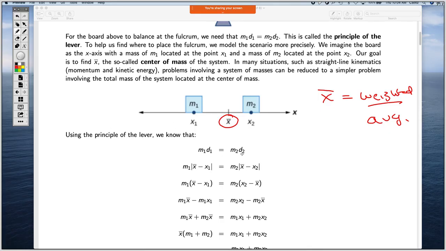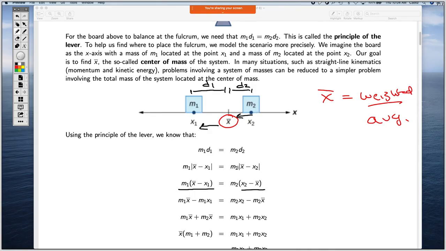M1 D1 has to be the same as M2 D2. All right. So once again, this is D1 here, and this is D2 here. Okay. Now what is D1? D1 would be x bar minus x1, and then D2 would be x2 minus x bar.